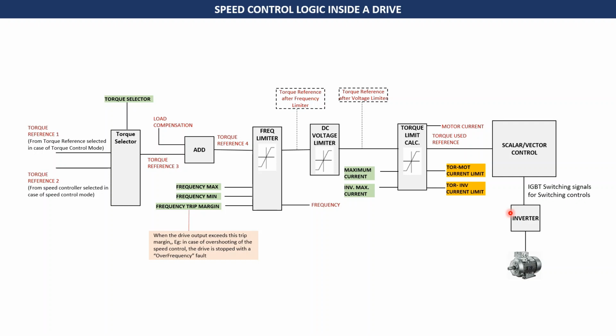Whatever the voltage and frequency calculations, accordingly the signals are sent to the inverter, which is then fed into the motor. So this is the entire control logic that runs inside your drive. Now I will explain all this with an example.